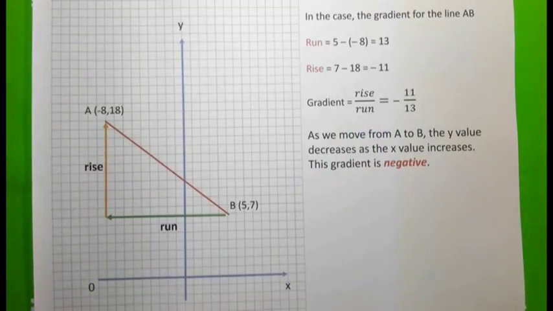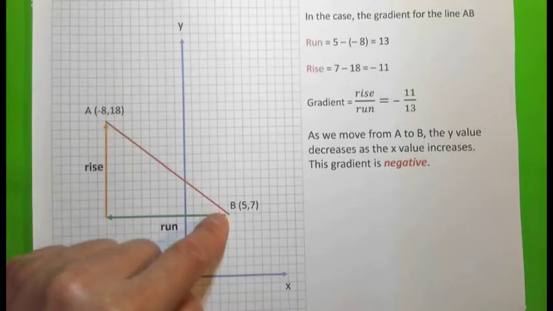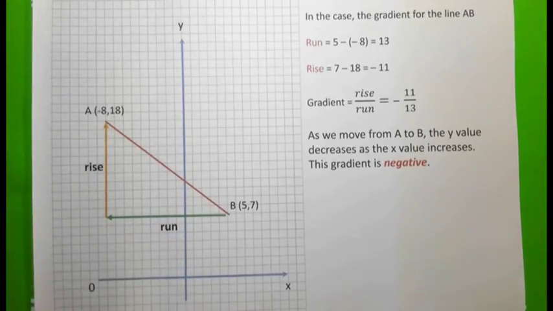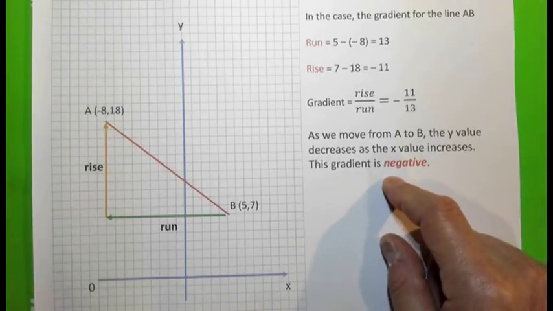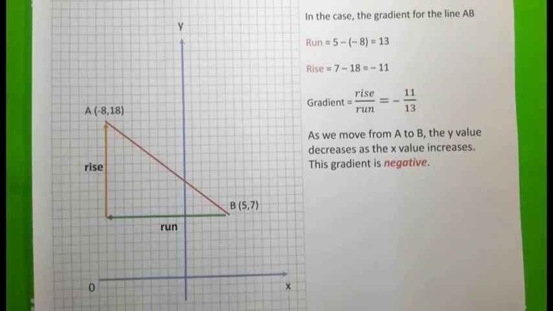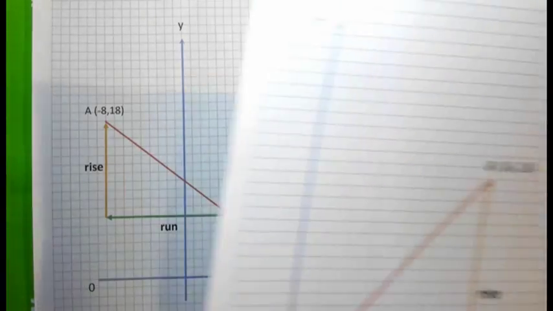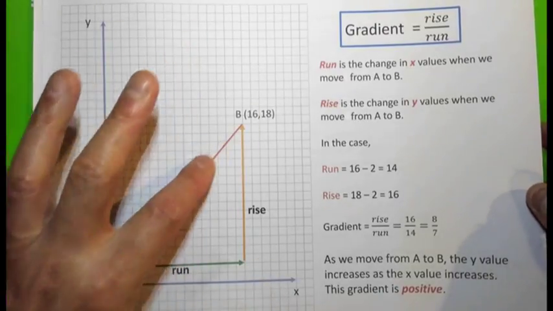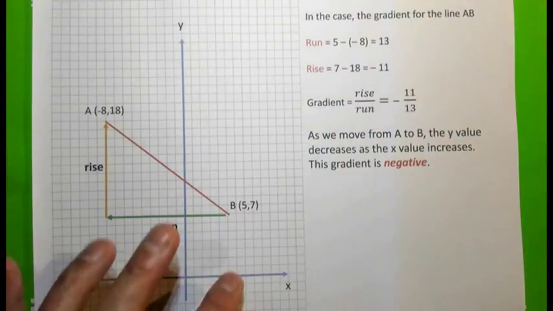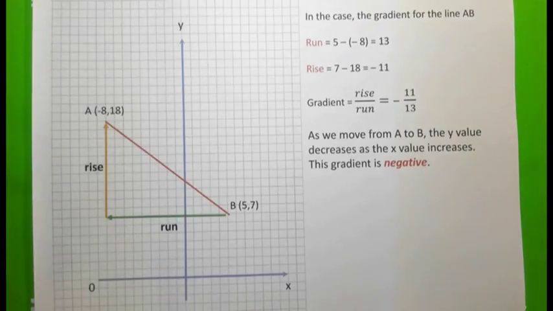So what we can say is that as we move from A to B, the y value actually decreases as the x value increases. This gradient is considered a negative gradient. This is in contrast to the previous example we looked at. This is actually a positive gradient and this is a negative gradient.